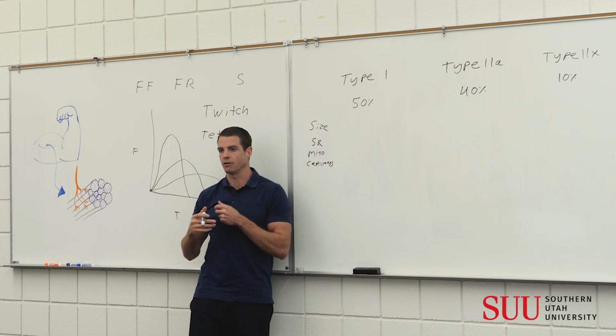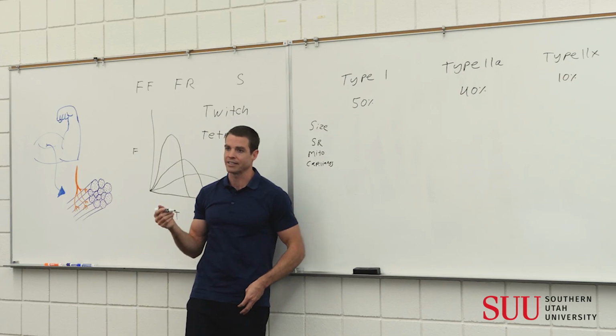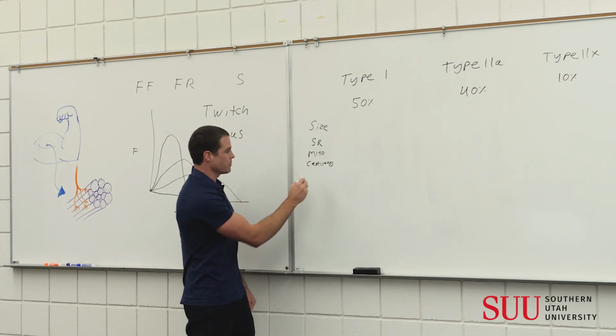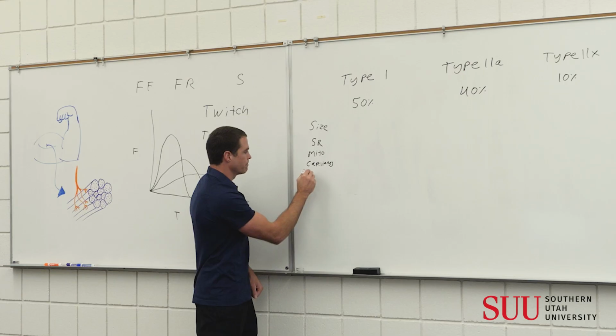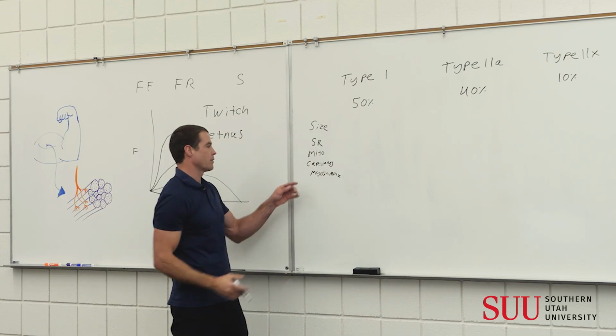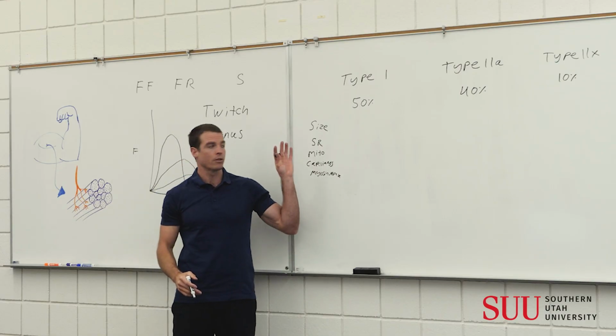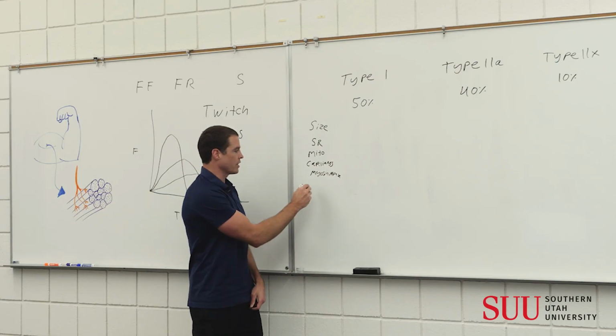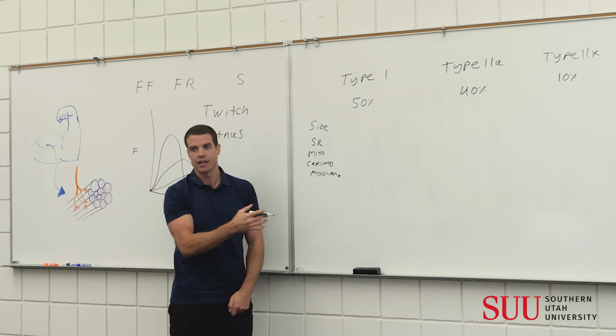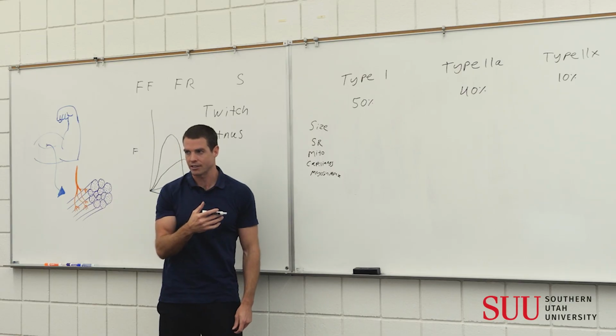Your myosin ATPase activity, oxidative enzymes. Okay, so I can put myosin ATPase. I guess oxidative enzymes would go with the mitochondria, but we can put a full point with all of these, as well as fatigue, anaerobic capacity and so on.